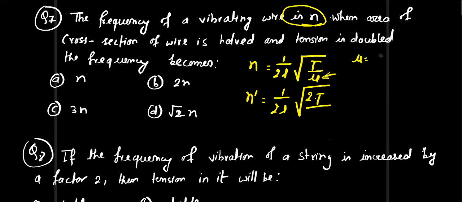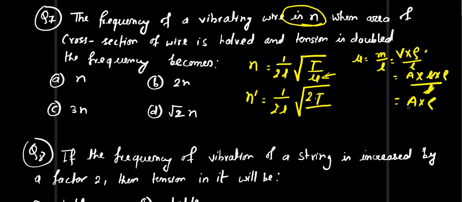As we know that mass per unit length is m by l, and mass can be written as the product of volume and density, divided by L, and this further can be written as A times L times rho by L. So these two cancel out. So in the place of mu we can write A times rho.